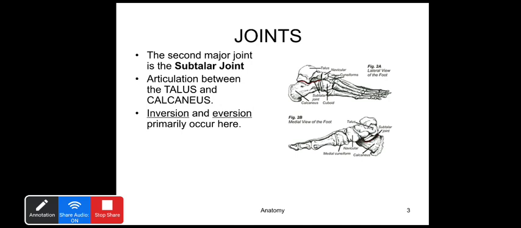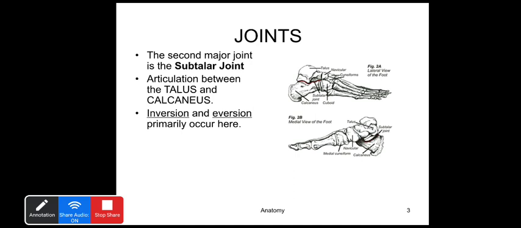In the osteology class demonstration we also discussed the articulation between the talus and the calcaneum. The superior surface of the calcaneum and the inferior surface of the talus consist of three facets, and these three facets articulate to form the talocalcanean joint.